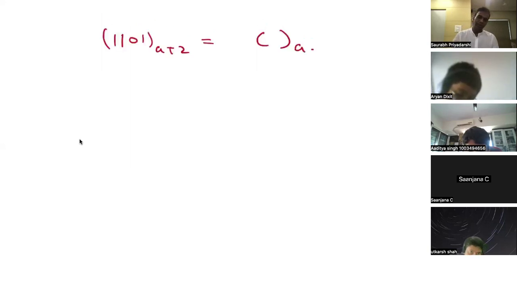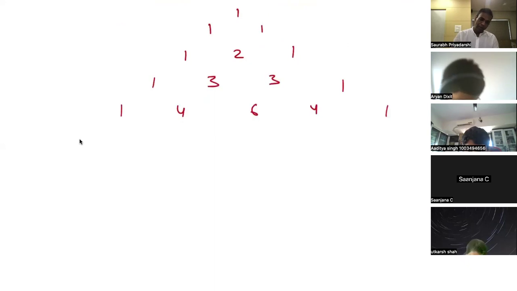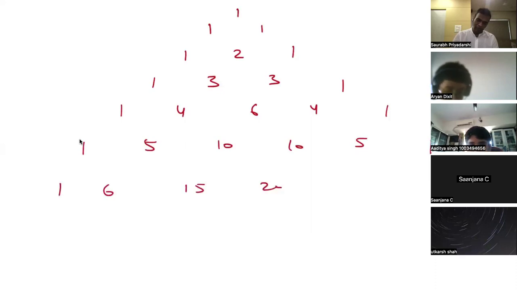Actually, all of you are doing this question, but let me show you for a second. Actually, the Pascal triangle is 1; 1, 1; 1, 2, 1; 1, 3, 3, 1; 1, 4, 6, 4, 1; then 1, 5, 10, 10, 5, 1; then 1, 6, 15, 20, 15, 6, 1.